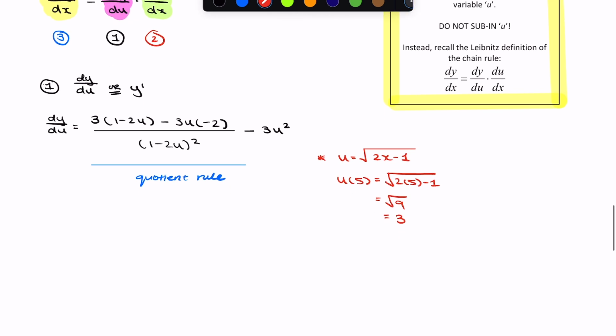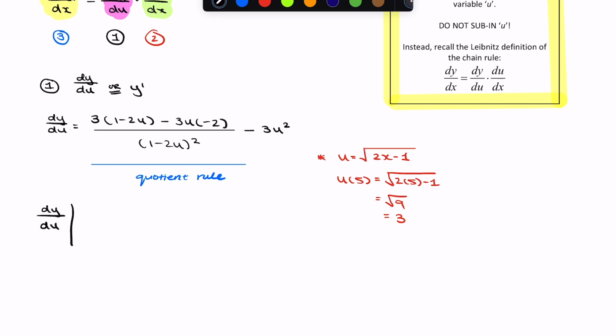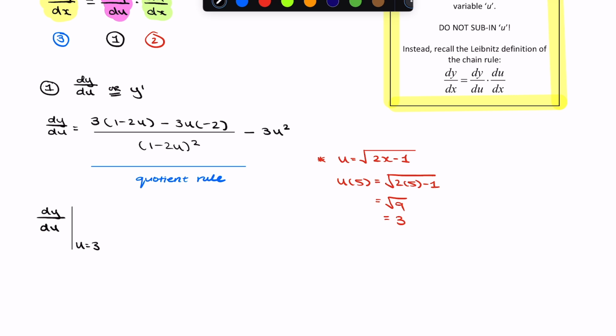So the next step, we're going to sub in the value of u is equal to 3 into the equation. So here we have dy over du at u is equal to 3.